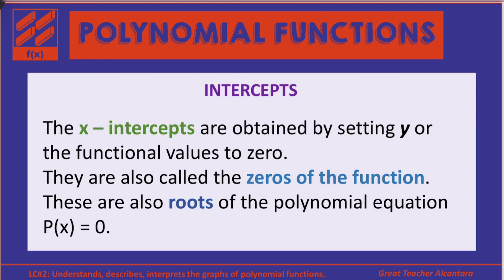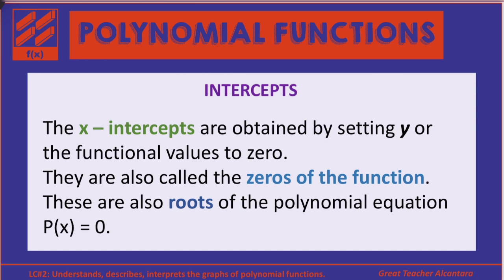So the x-intercepts, in the context of the Cartesian coordinate plane, are the points on the graph that pass through or are on the x-axis. That's why they're called intercepts. That's the part where your graph, your drawing, passes through the x-axis. And at the same time, not only are they called x-intercepts, they are what we call the zeros of the function, or again, in the context of our previous lesson, we call them our roots.